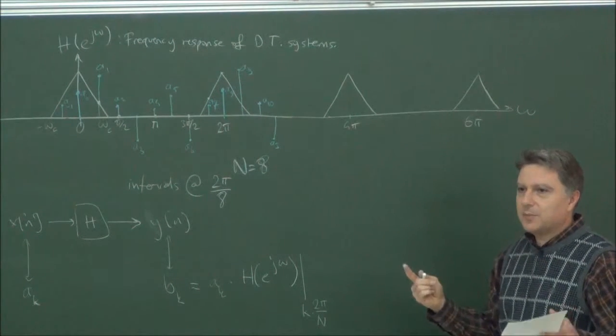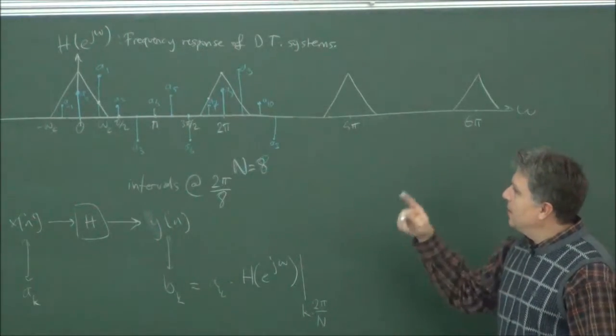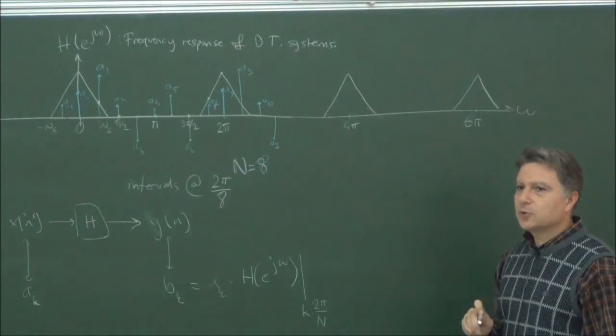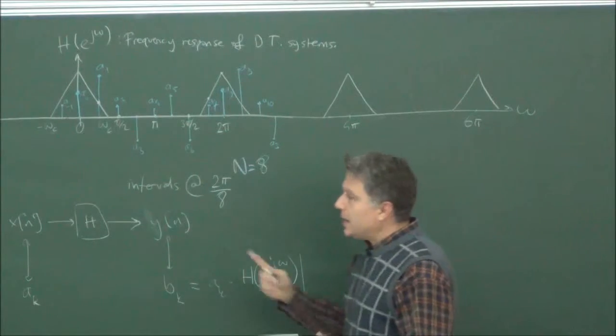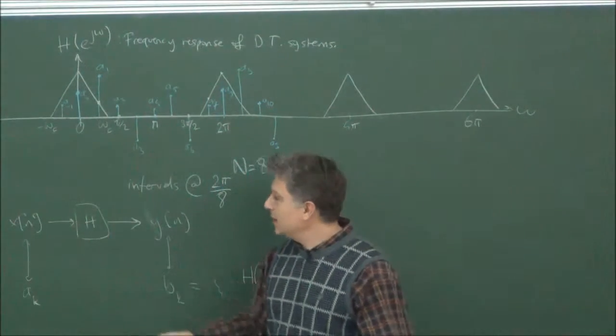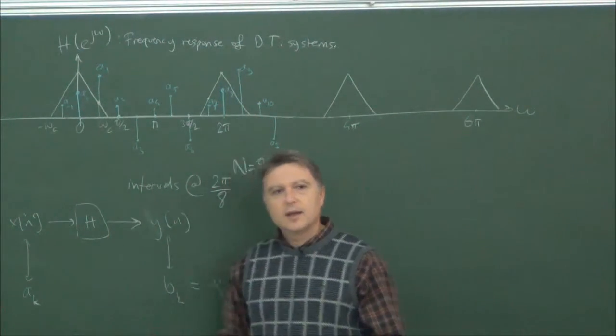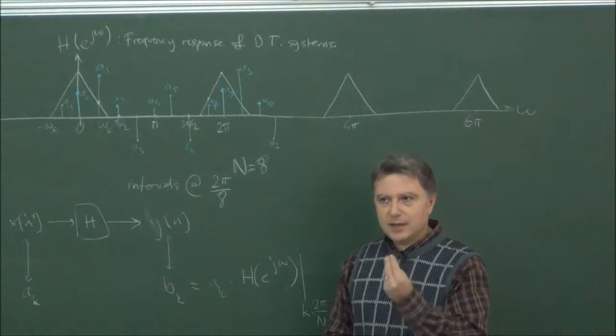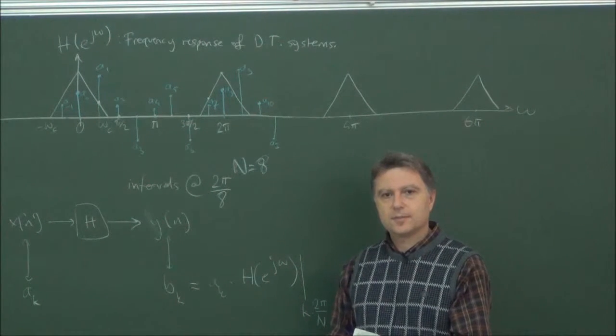So we call this shape some sort of a low-pass behaving shape. But regardless of the shape, this is what you're supposed to do. I will give you an H, a system, and I will give you an input. From that input, you need to evaluate the Fourier series coefficients first.